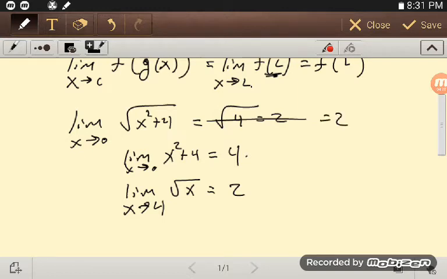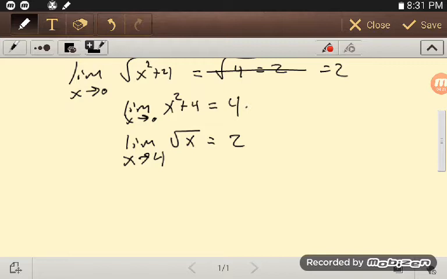It's 2. Okay, then they also give this theorem 1.6. I'm not really going to go into that. It just says the trig functions are nice.